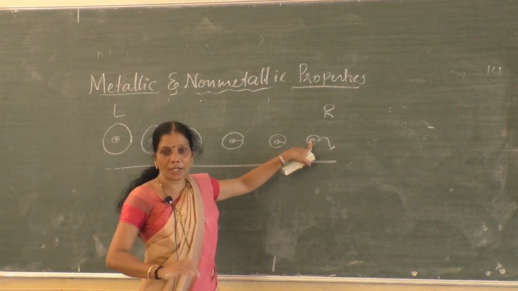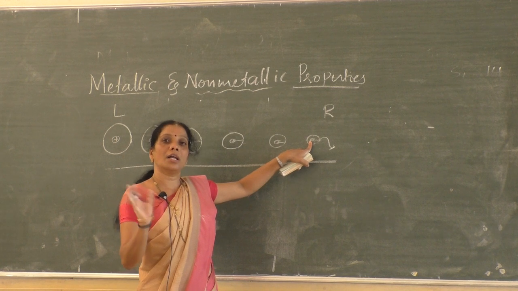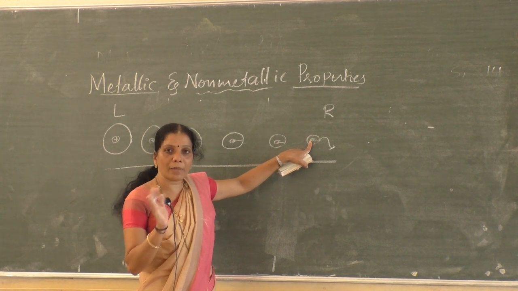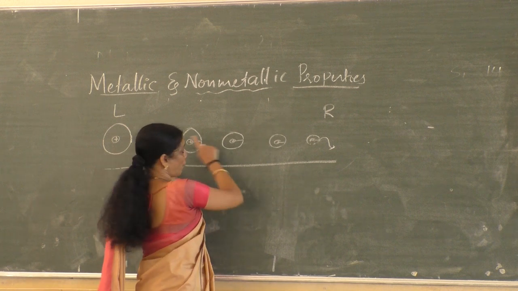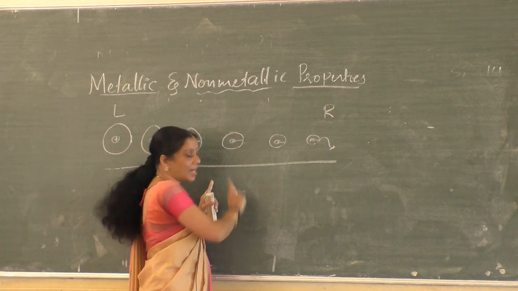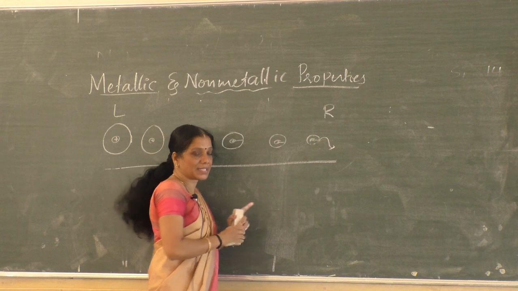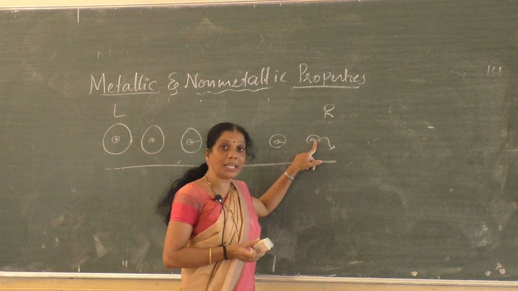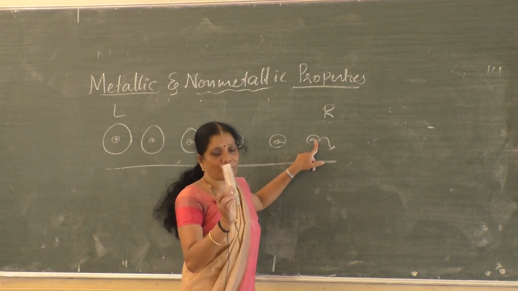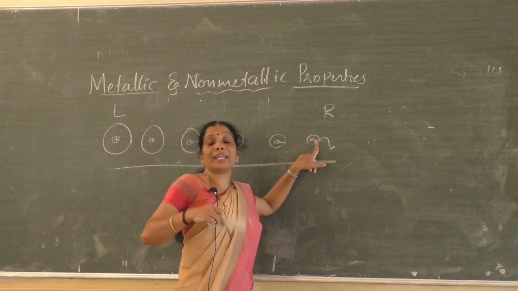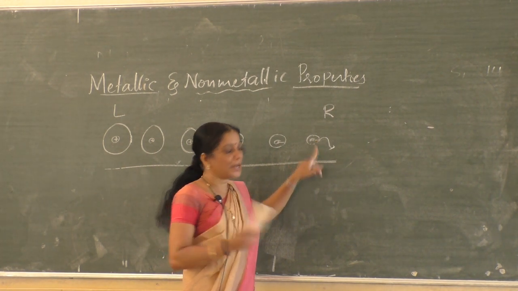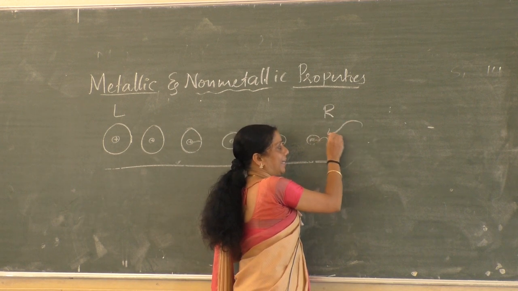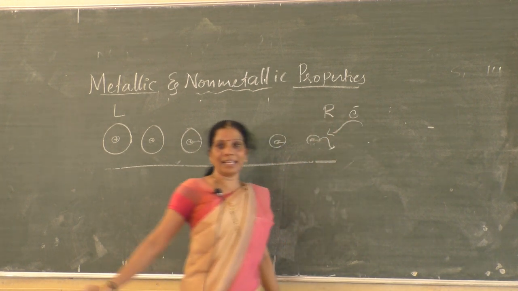To lose that electron, a high amount of energy is required. Therefore, as we move from left to the right direction, size decreases and nuclear force of attraction increases. It is very difficult to lose the outermost electron, but very easy to gain electrons.